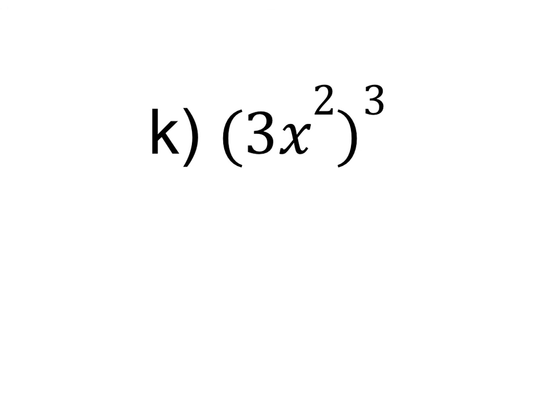All right, K. So we have that power of a power rule. So I'm going to write that 3 to the first power. Now I'm taking this 3 and I'm distributing it in. So this is going to be 3 to the third, because 1 times 3, x to the 6th, because 2 times 3.